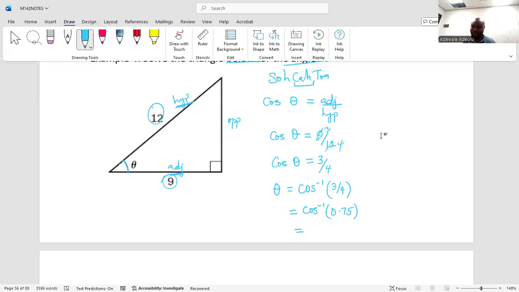My answer is 0.72, approximately, because I still have some more values. Or let me do it in degrees. That is cosine inverse of 0.75, so that is 41.4 degrees.